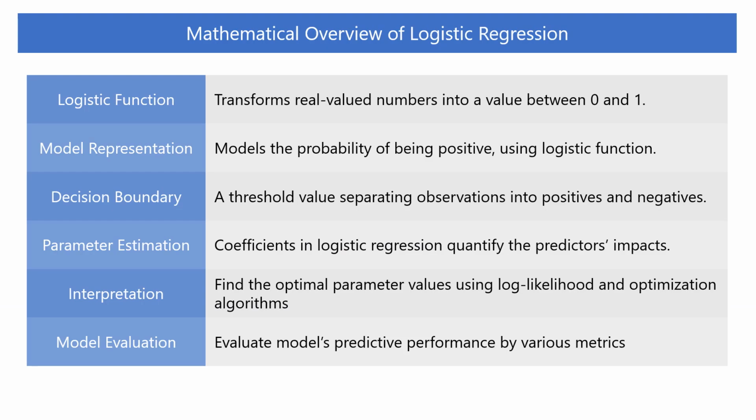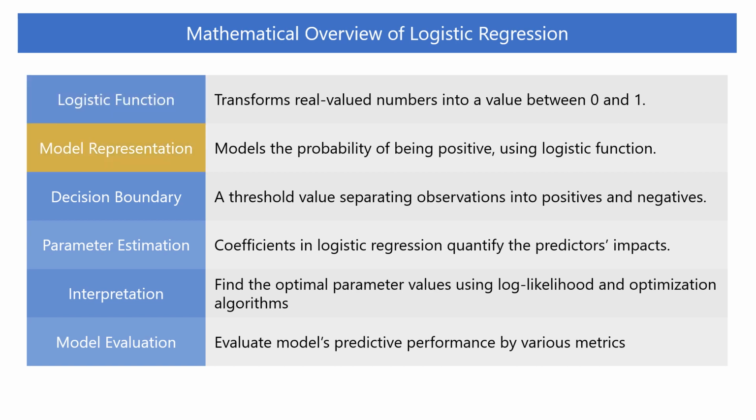Mathematically, logistic regression can be explained using these components. First, the logistic function transforms any real-valued number into a value between 0 and 1, making it suitable for estimating probabilities in a binary classification setting.